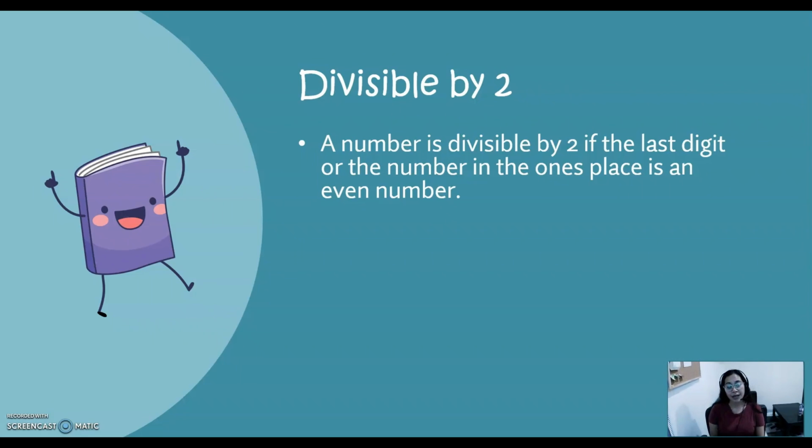How will we know if a number is divisible by 2? A number is divisible by 2 if the last digit, or the number in the ones place, is an even number. Let's recall the even numbers: numbers that have 2, 4, 6, 8, and 0 in the ones place.